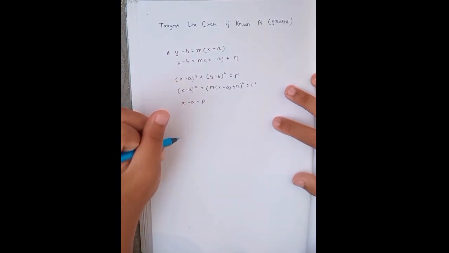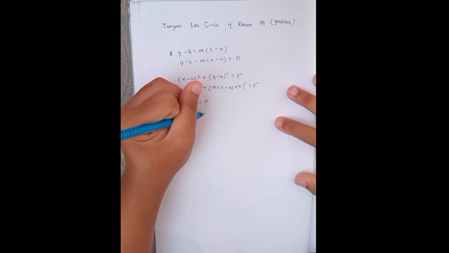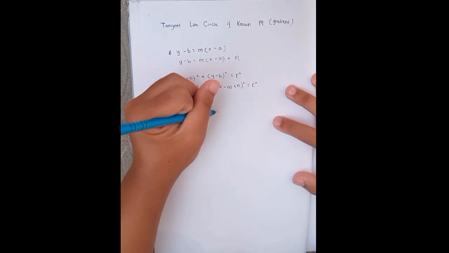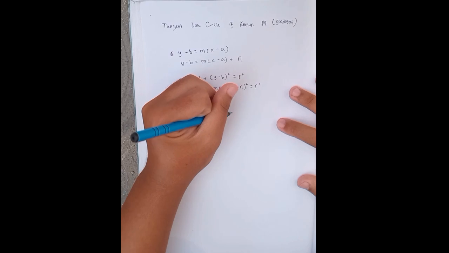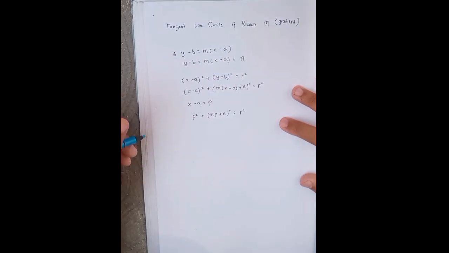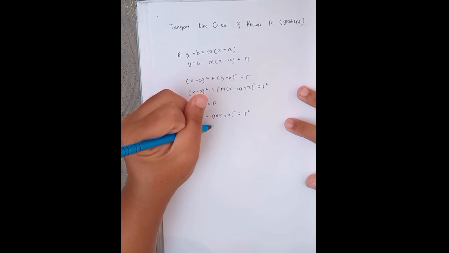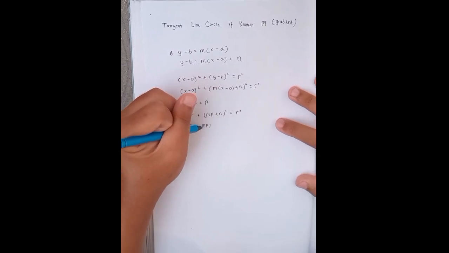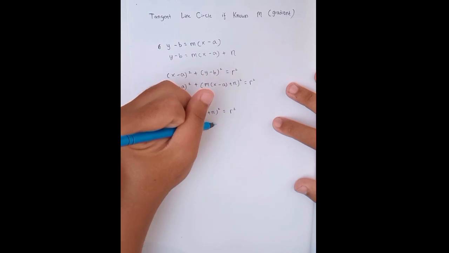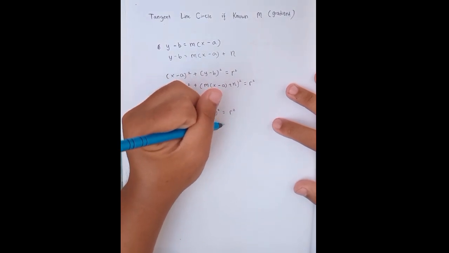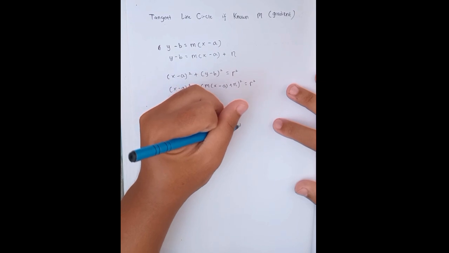For example, x minus a is equal to p, so that p squared plus m times p plus n squared equals r squared. Expand this equation so that p squared plus m squared p squared plus 2nmp plus n squared equals r squared.